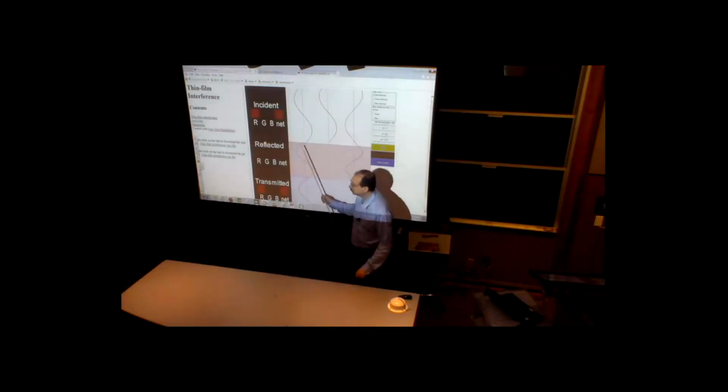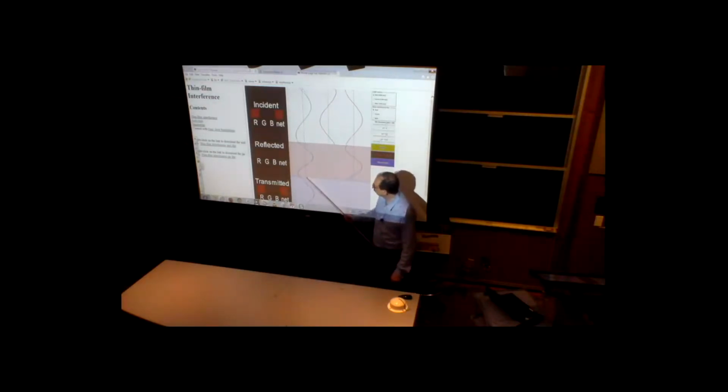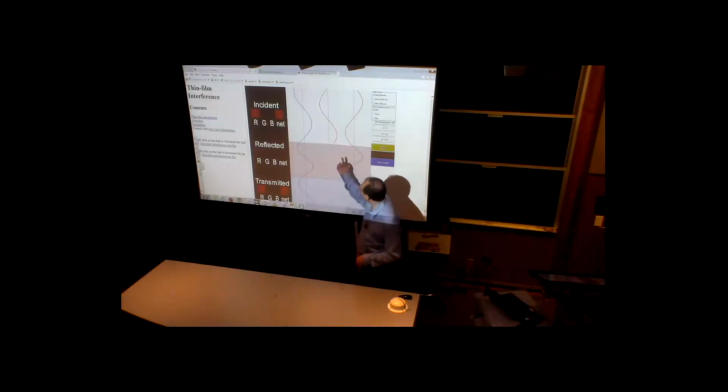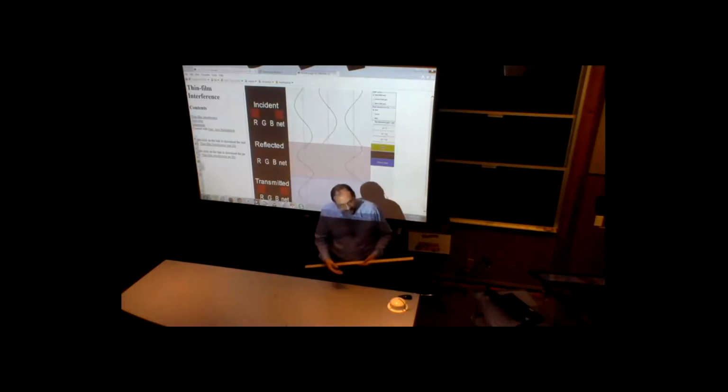So there's no angle. What's happening here? Second boundary, second interface. Again, some part of the light travels through, some part of the light gets reflected. We don't care about this. It travels away. We only care about light traveling back because we are imagining ourselves looking down.